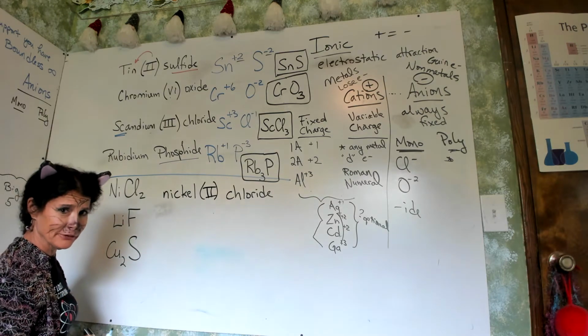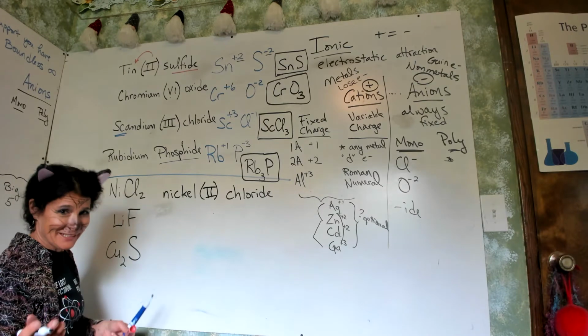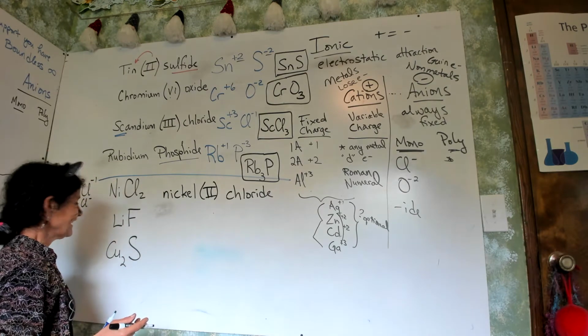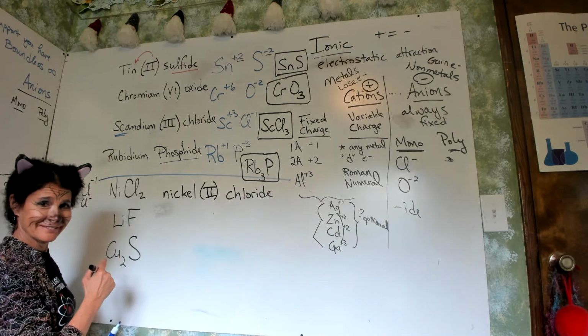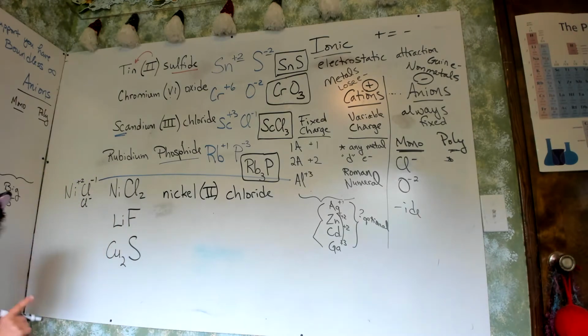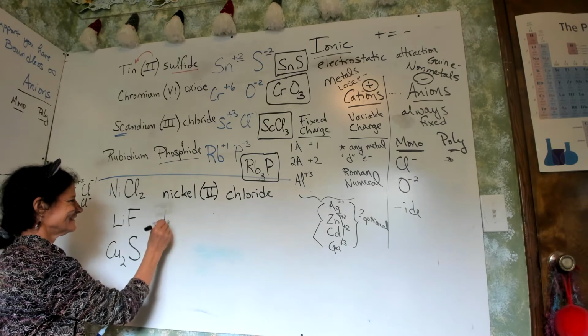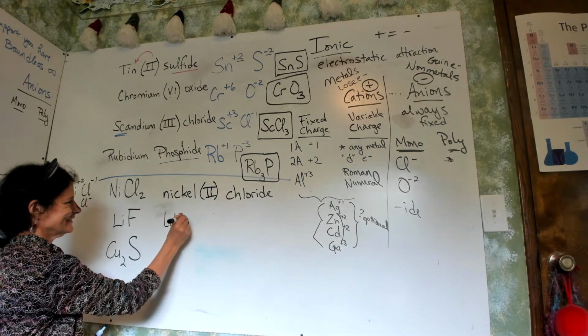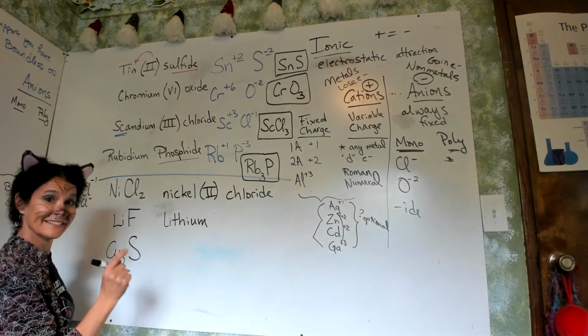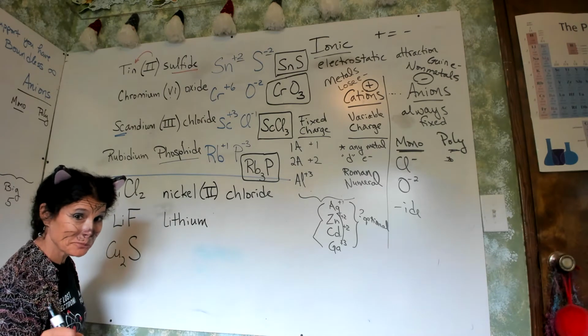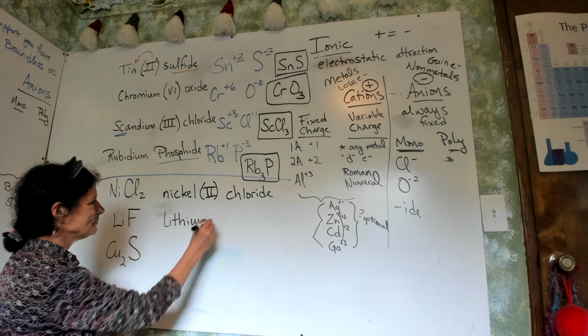I'm calling Matthew because I just read his book. Absolutely love it, Matthew. What's special about this one? Your teacher is trying to trick you. He's got it. No Roman numeral because lithium is an alkali metal.